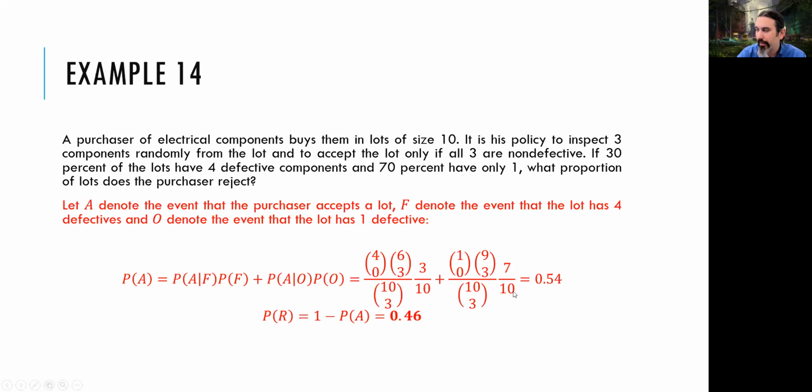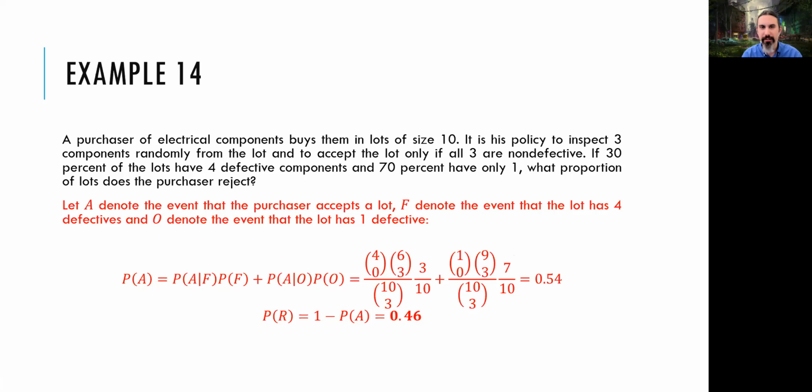And here we have picked the box with 1 defective item only, with 70% probability. And from that 1 defective item, we are not picking anything out of it. We are 1 choose 0. And from 9 working non-defective items, we are choosing 3 of them, 9 choose 3. And the total sample space is 10 choose 3 again. So summing those two, we get 0.54. This is being successful, okay?